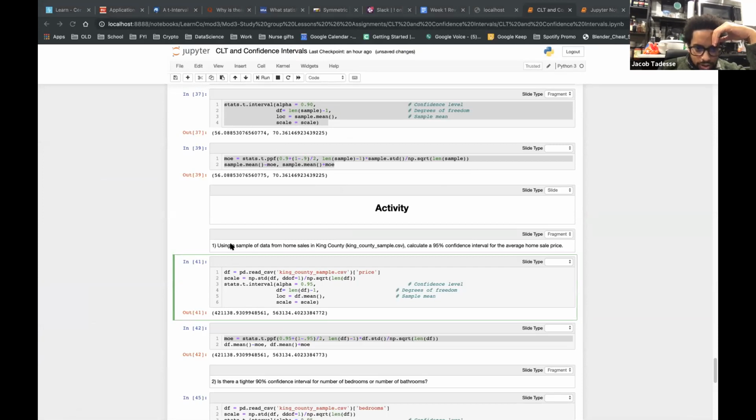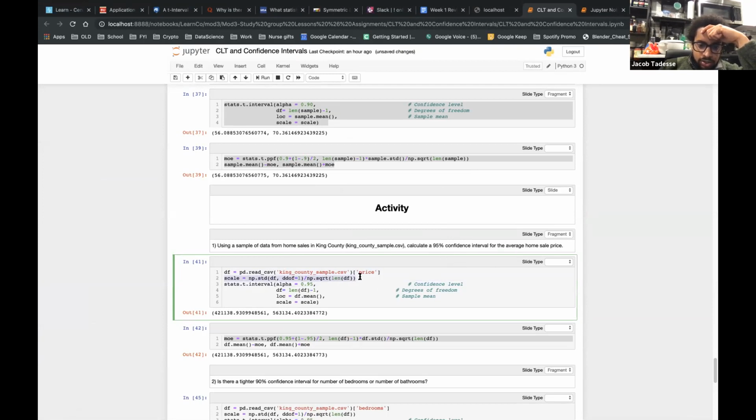Alrighty. So using the sample data from King County and a 95% confidence interval, we just pulled in the price from the CSV, the sample CSV.